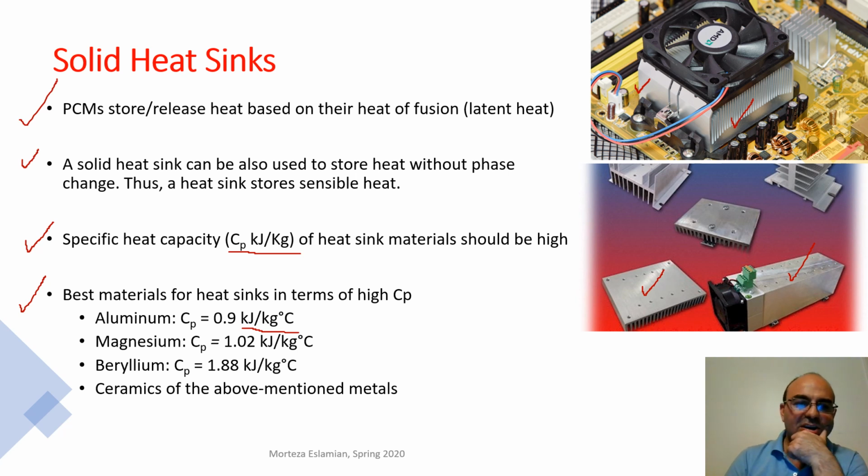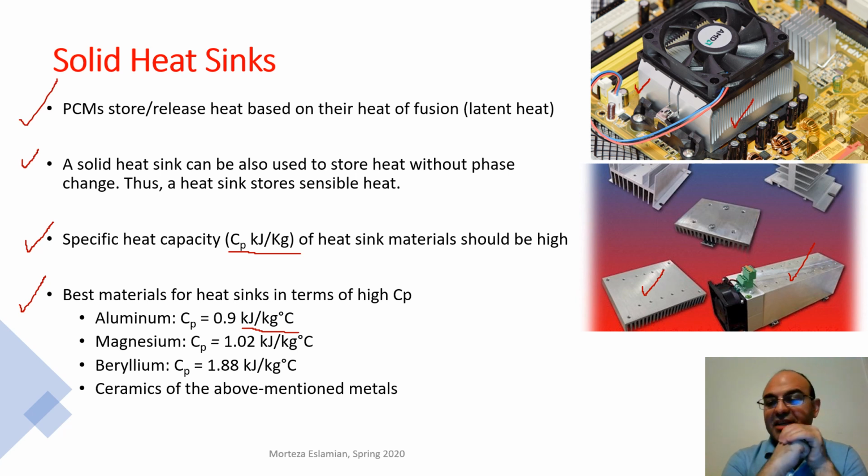Aluminum has a Cp of 0.9 kilojoule per kilogram degree C, magnesium 1.02, beryllium 1.88. So you see beryllium has a Cp double that of aluminum, which is good, but it's more expensive.